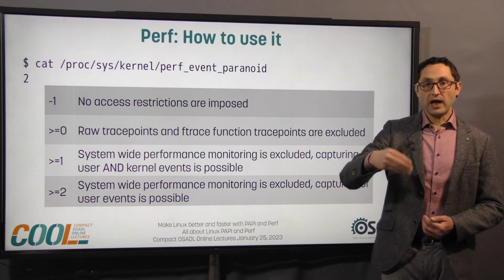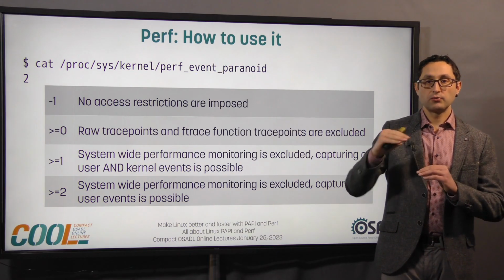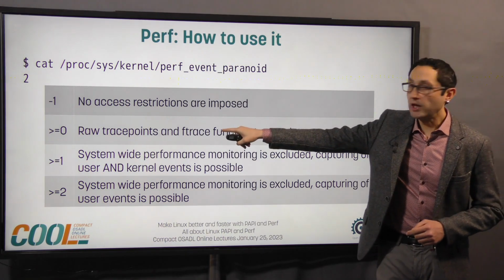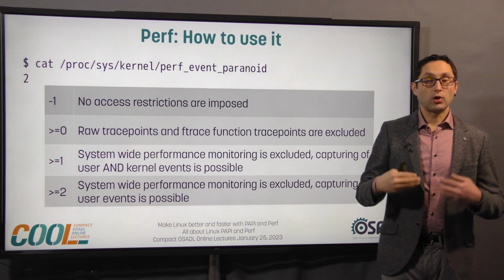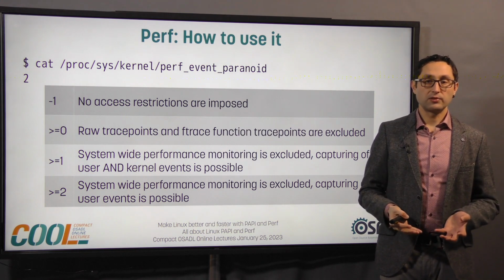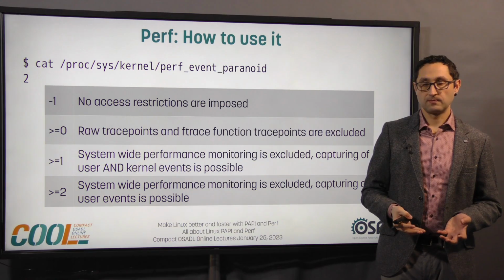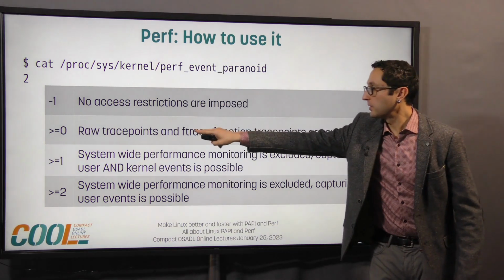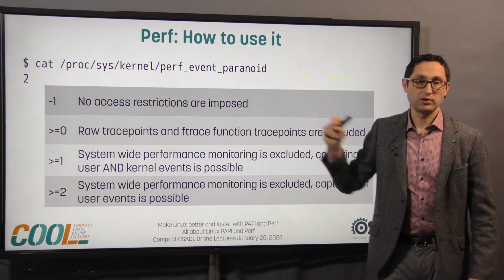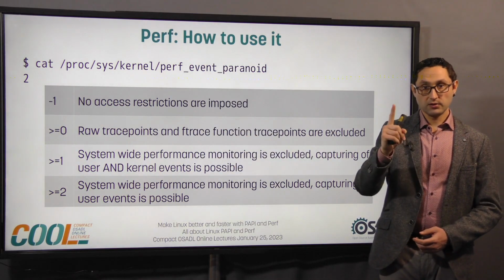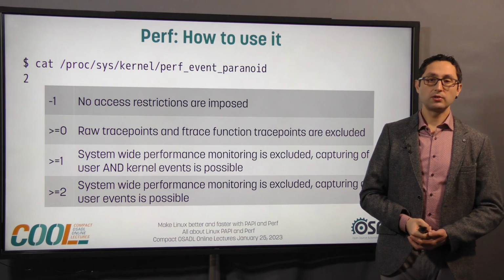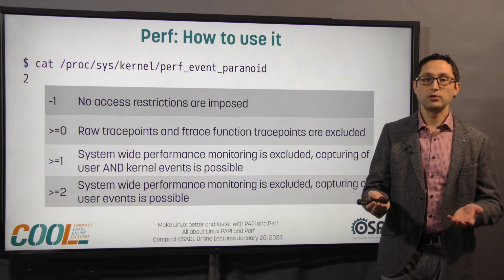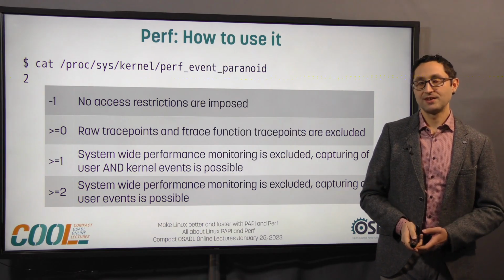With all higher numbers, some restrictions would add up, which means that if you write 0 or higher, raw tracepoints and ftrace function tracepoints are excluded. If you write 1 or higher, everything that applies here would apply, and in addition, system-wide performance monitoring is excluded, but you can still monitor user and kernel events.